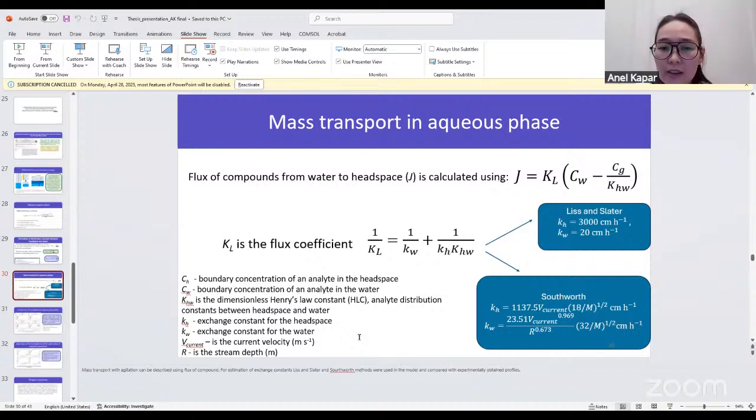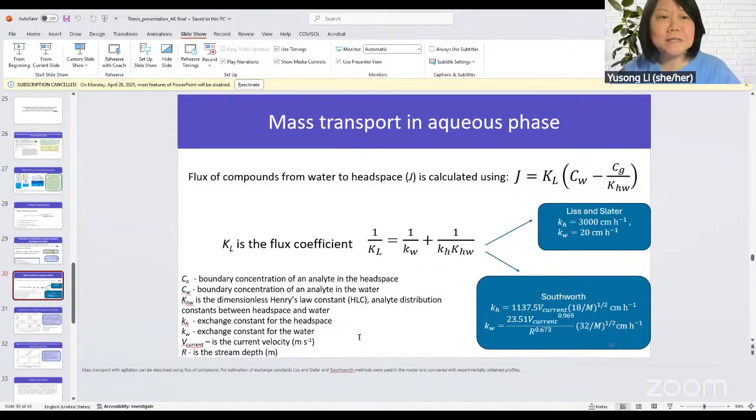Yes, it means that we used stirring when agitation is present, and agitation is considered in the southwest approach. So my question is, what did you use from that? Because in the southwest, the parameters are here. M is the agitation rate, right? And this V current you calculate by 2 pi R S. What is that S, if you don't mind reminding me?